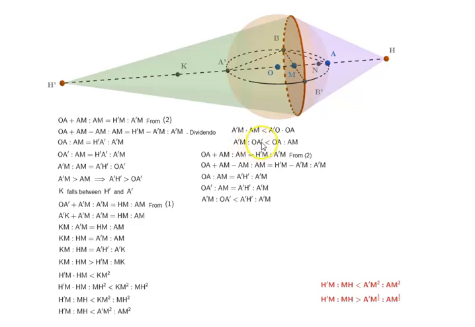A prime M is to OA prime is less than A prime H prime is to A prime M, because these two are equal.